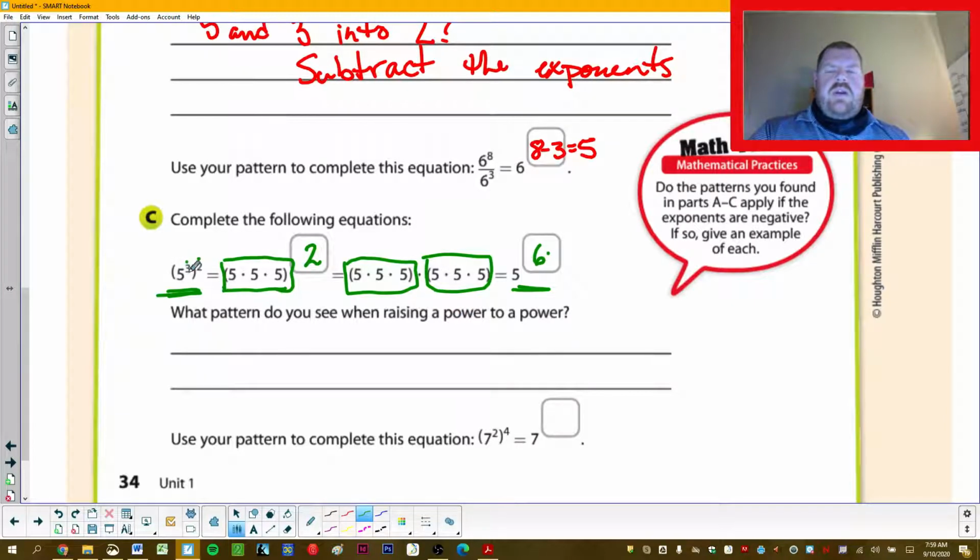I have 5 to the 3rd being raised again to the 2nd power. The only way I know to get 6 from 3 and 2 is to multiply. So we will multiply our exponents to get our result.